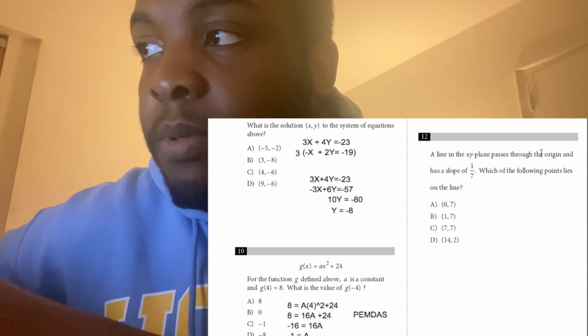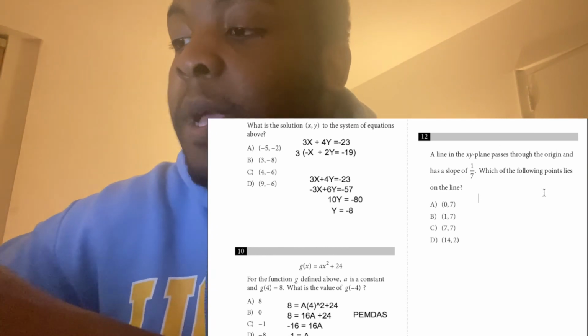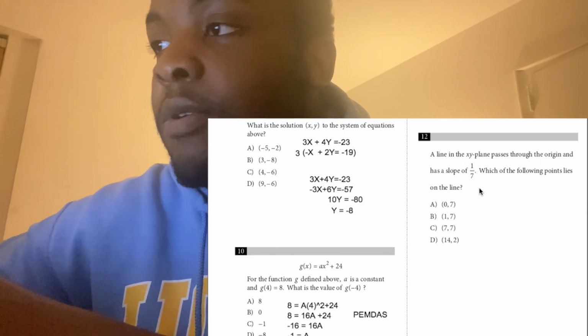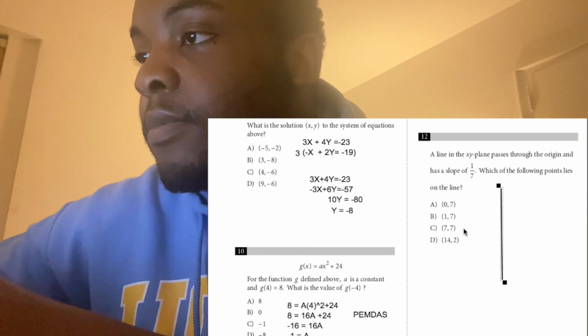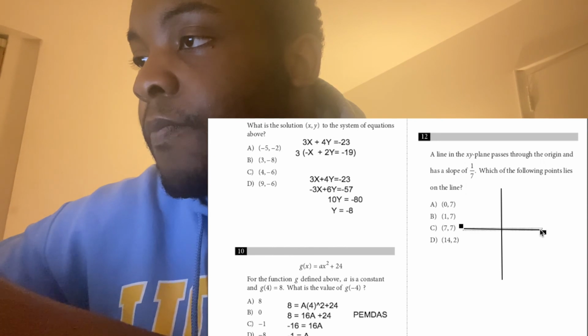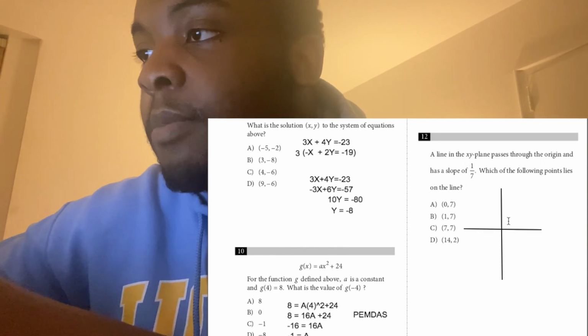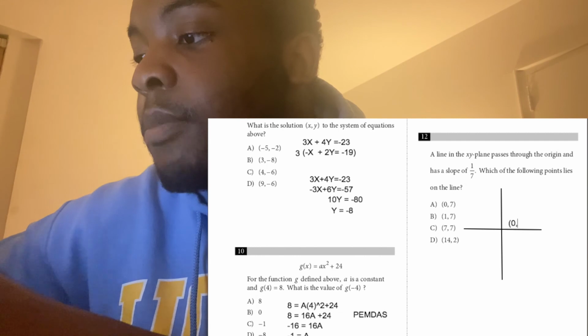A line in the xy plane passes through the origin and has a slope of 1 out of 7. Okay, well, if it passes through the origin, for you guys who don't know, this is the origin. It's the number right in the middle, so that's going to make it 0, 0, right?